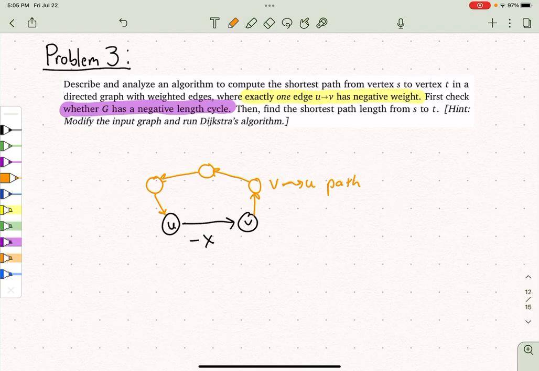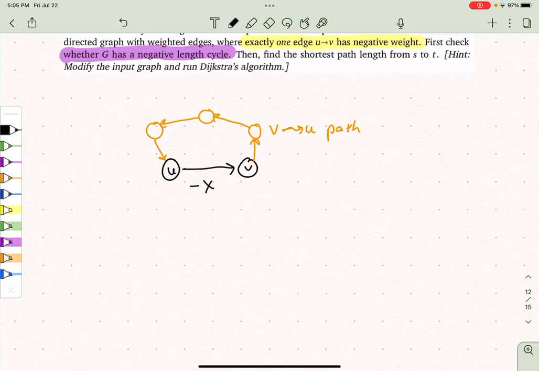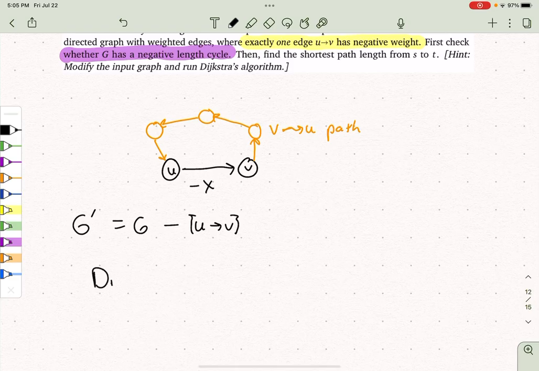And so again, what we can do is run Dijkstra's algorithm on a new graph. So we're going to define G prime to be G, but without the edge U to V. We're just going to remove that edge from the graph. And then what we'll do is just run Dijkstra on G prime with the source being V. So that's where we're going to start.